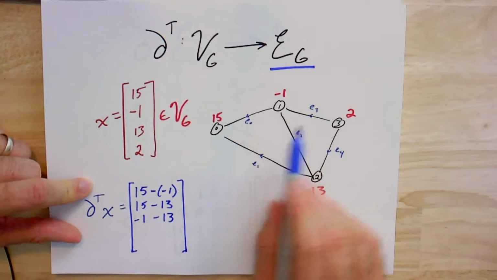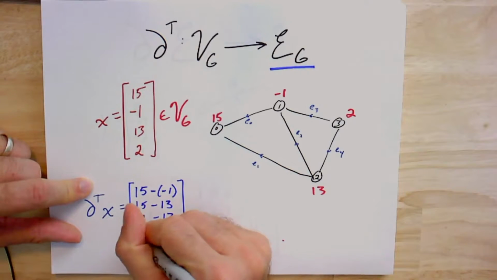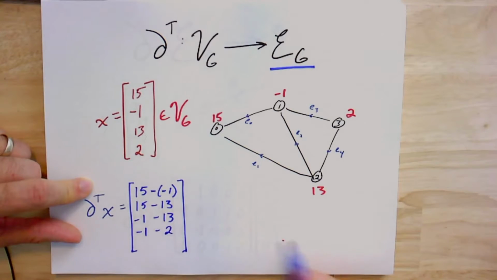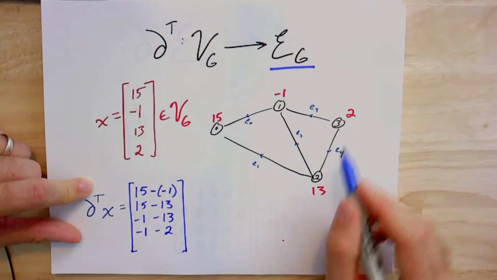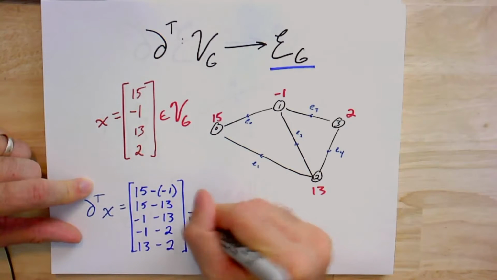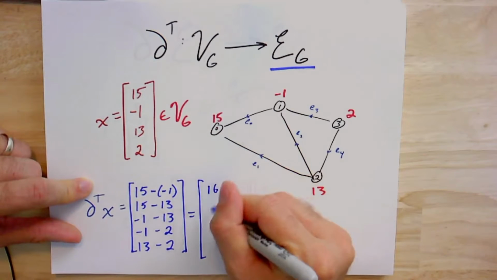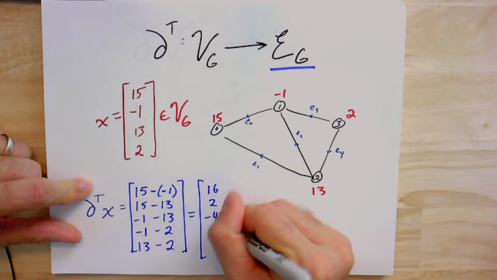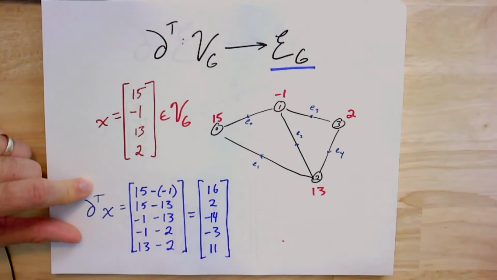Edge 3 will be -1 minus 2. And edge 4 will be 13 minus 2. And so if I write these all out, or if I do the arithmetic, I should say, I get what? 16, 2, minus 14, minus 3, and 11.